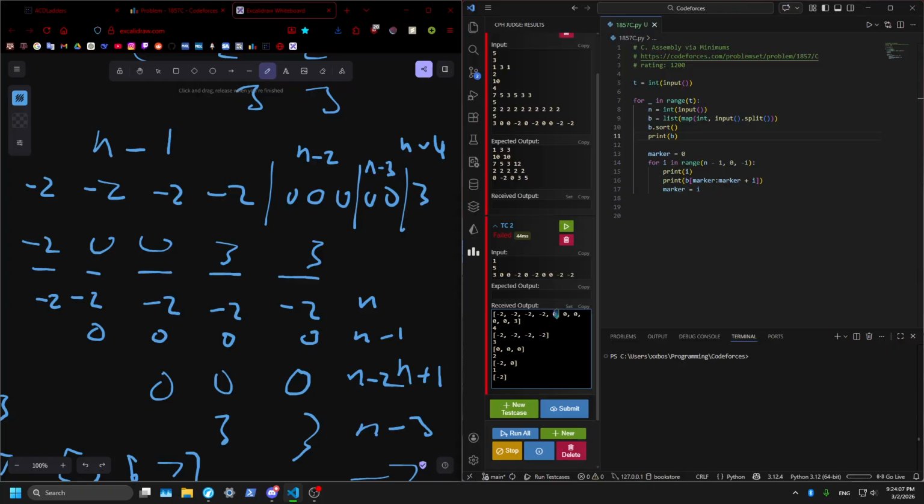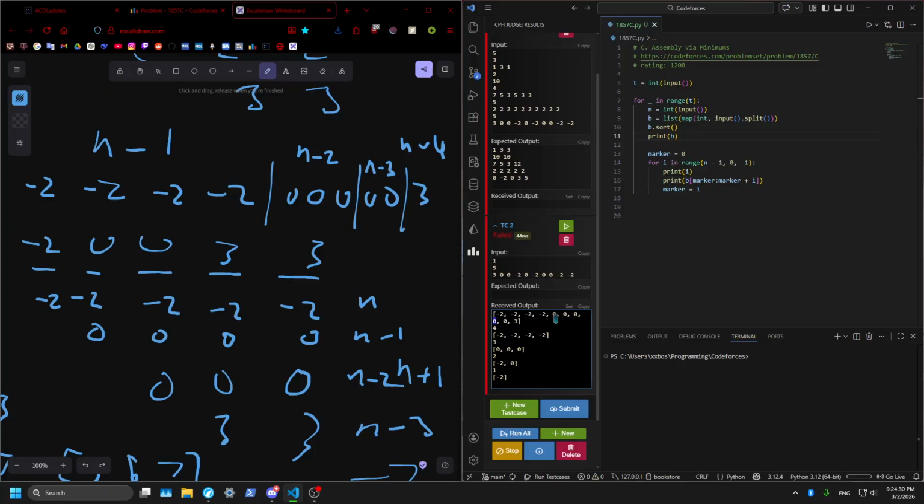Go to 1. Stop at 4 plus 3 is 7. So 4, 5, 6. We stop at 7, which means we don't print 7.